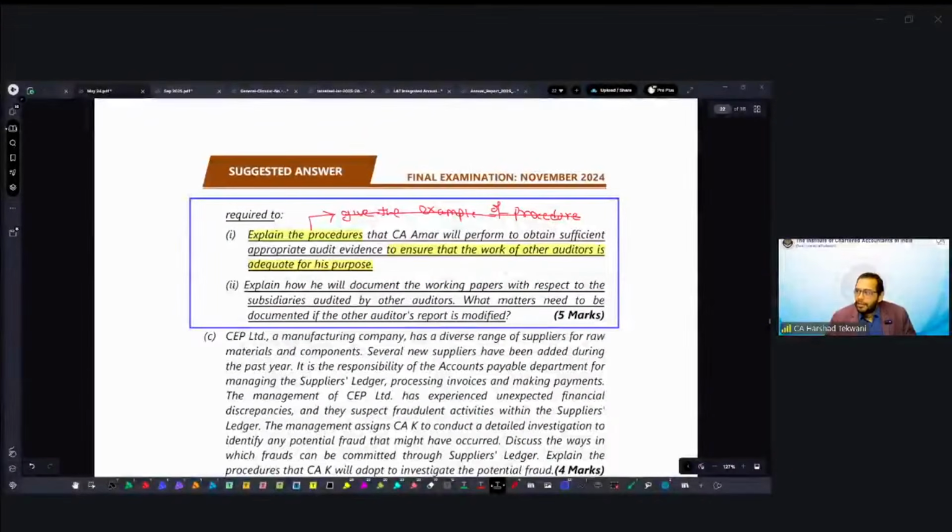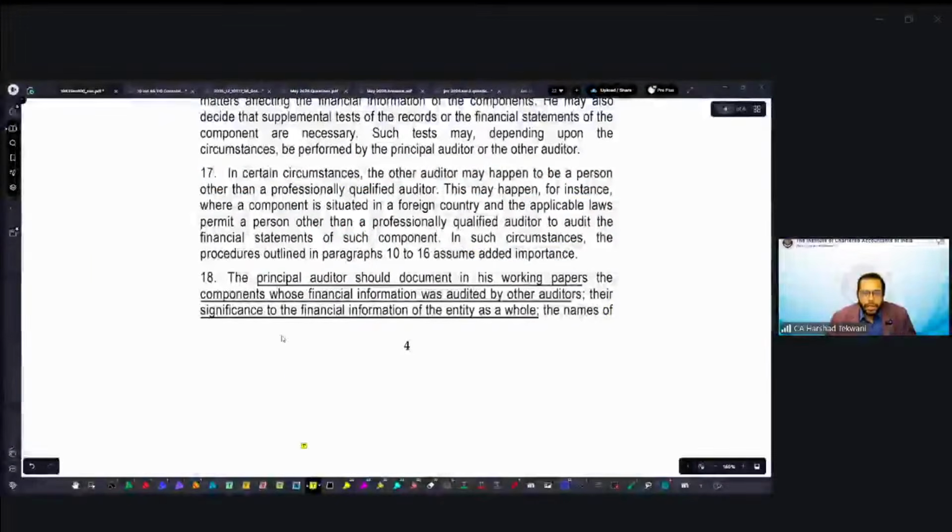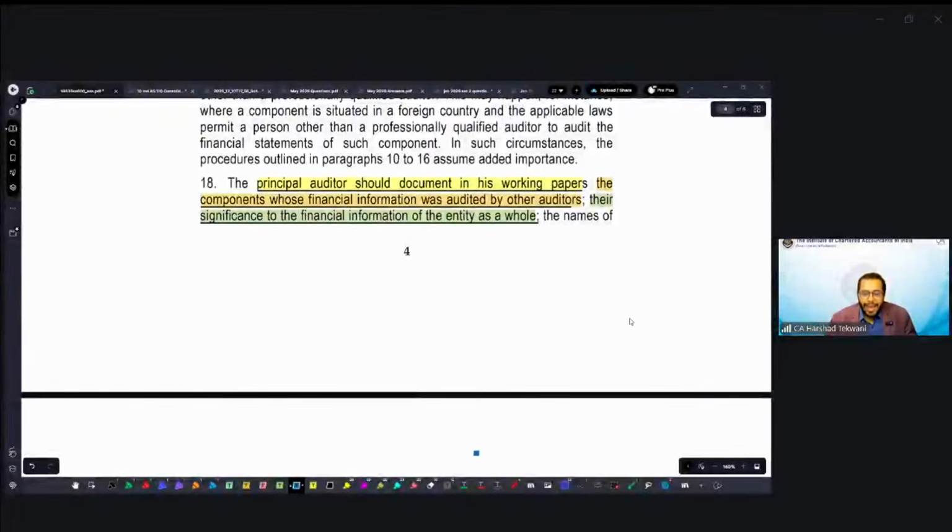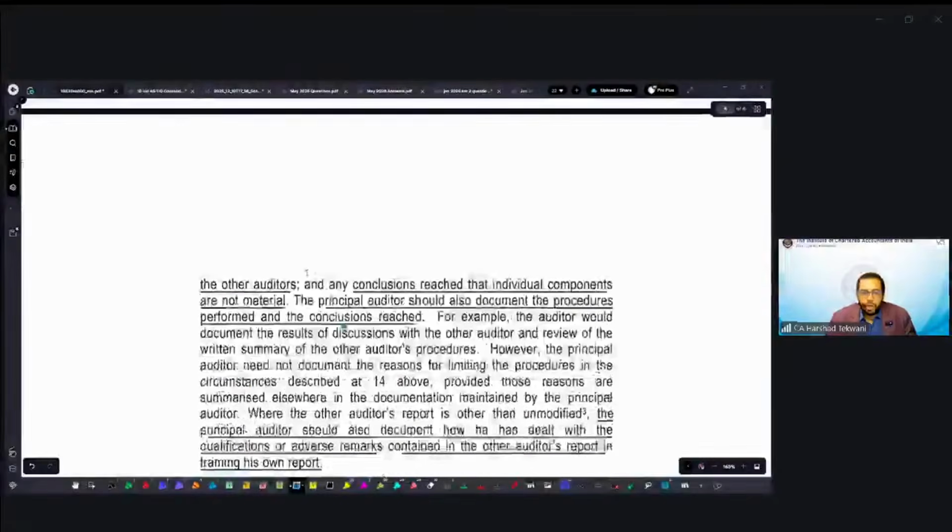So what we discussed was this: the principal auditor shall document in his working paper, first of all, the components whose information was audited by other auditors, then their significance as a whole to the financial information of the entity, the names of those other auditors, then any conclusion reached that individual components are not material, because that is also something you need to document.